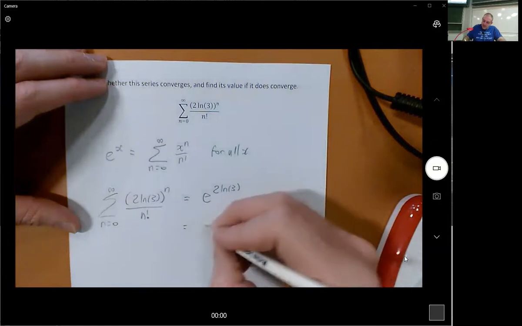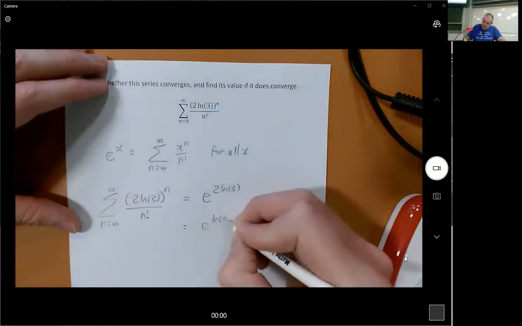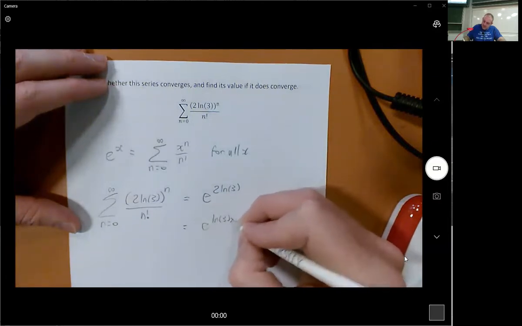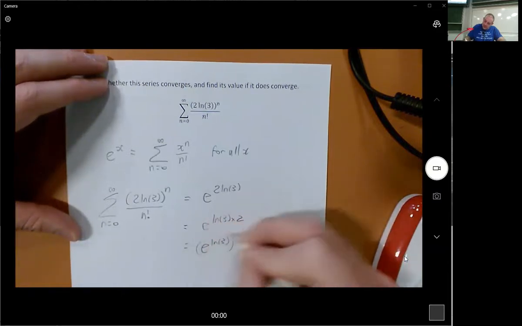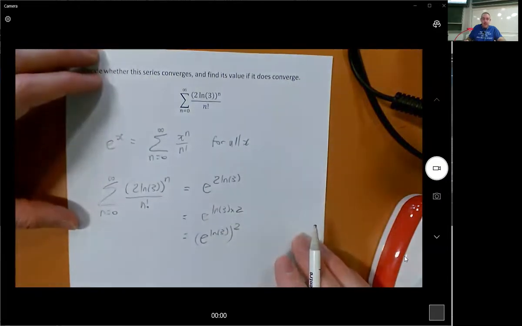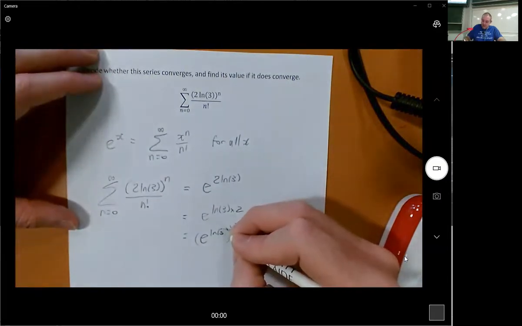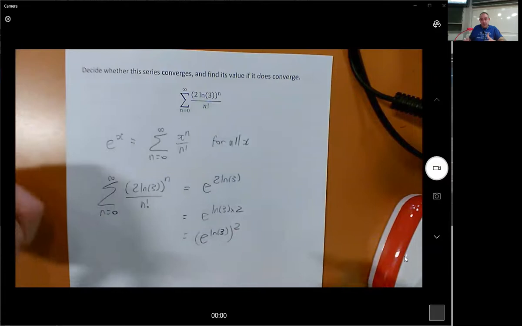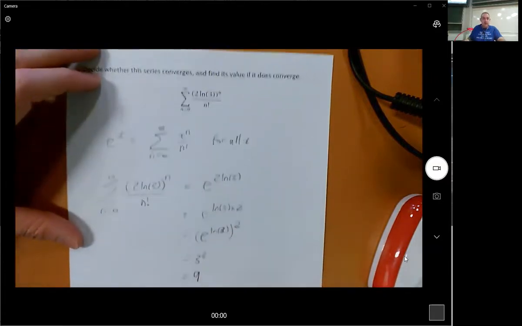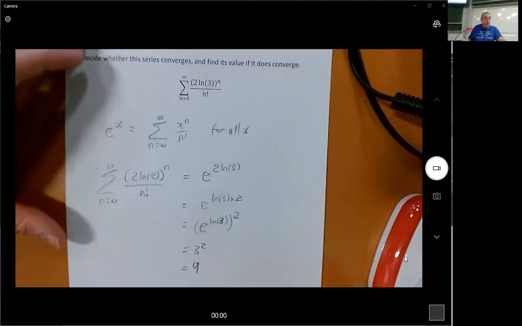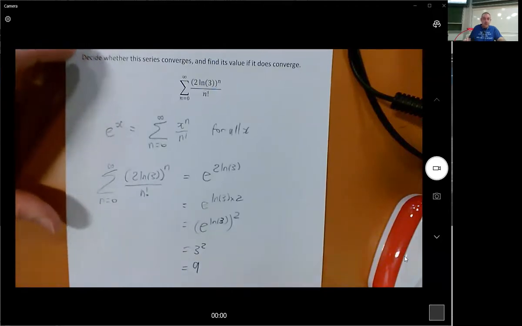I guess that's the same as e to the ln 3 times 2, which is the same as (e to the ln 3) squared. And ln is designed so that e to the power of ln of a number is the number itself. So that's 3 squared, and that's 9. All right, so it does converge, and that's the answer.